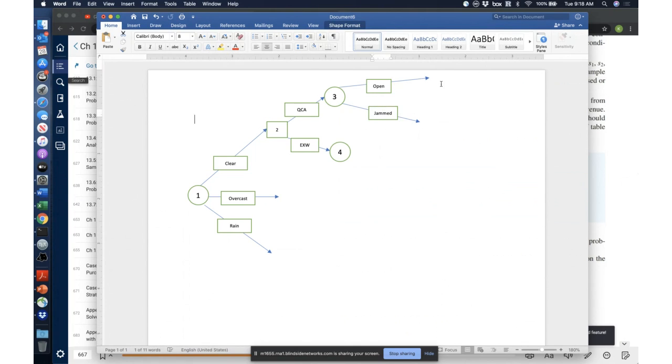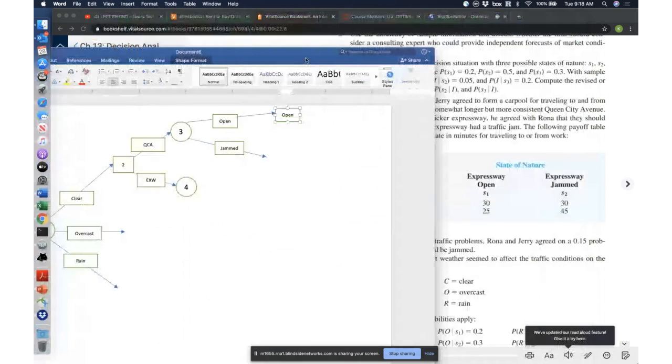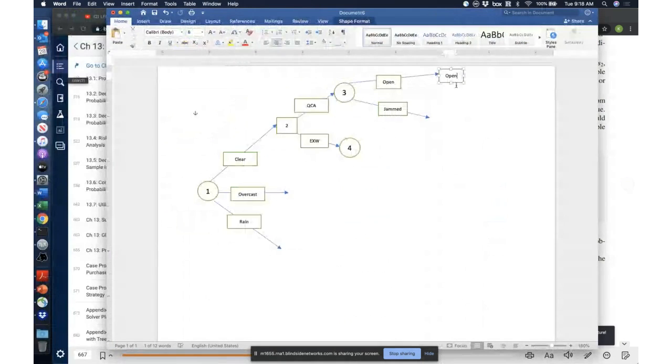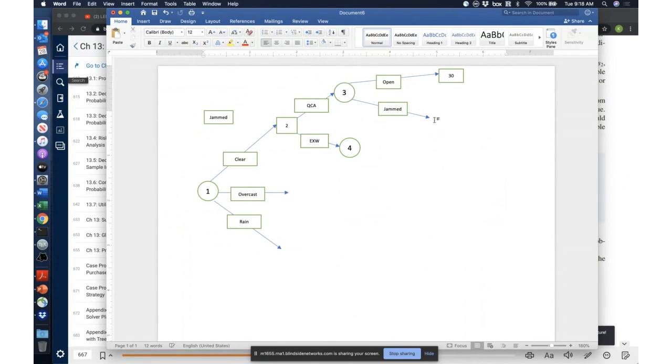So if the expressway is open, then if you take Queen City Avenue, it's going to take you 30 minutes one way or the other. Expressway is jammed. Take you 30 minutes. Because this is the option of taking Queen City Avenue. Expressway being jammed or not jammed really doesn't make sense.